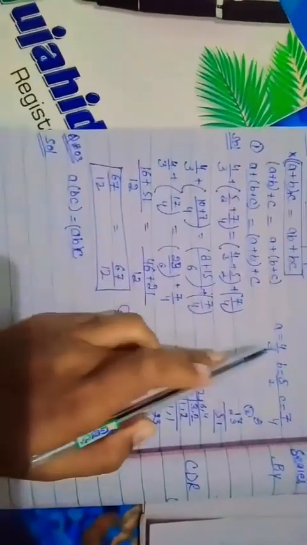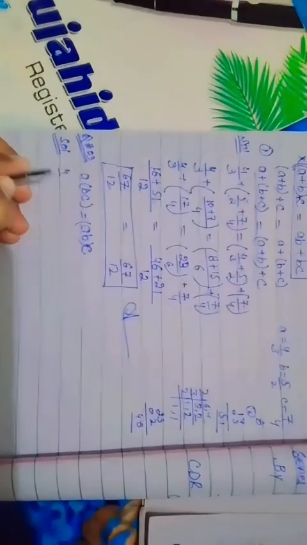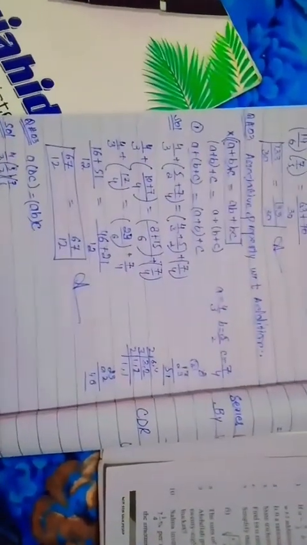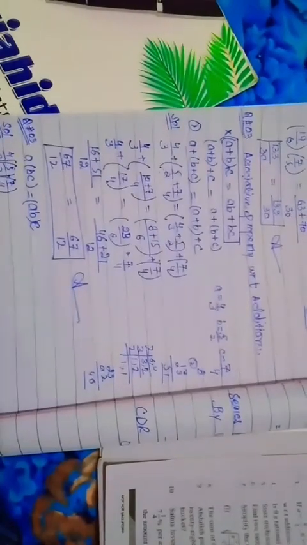A is equal to 4 over 3, B is equal to 5 over 2, and C is 7 over 4. A and B is 4 over 3, dot, 5 over 2.